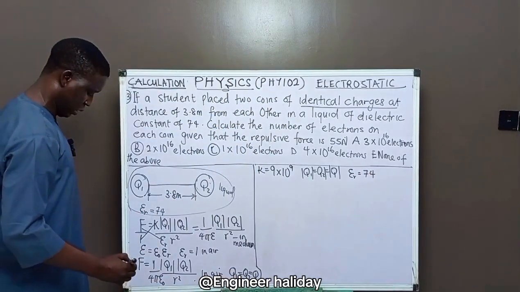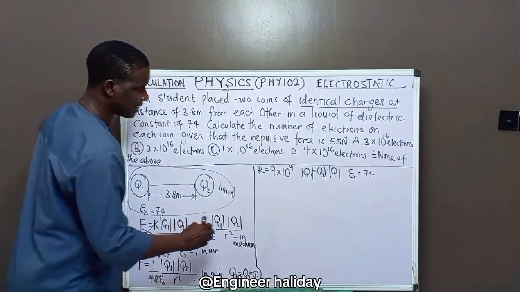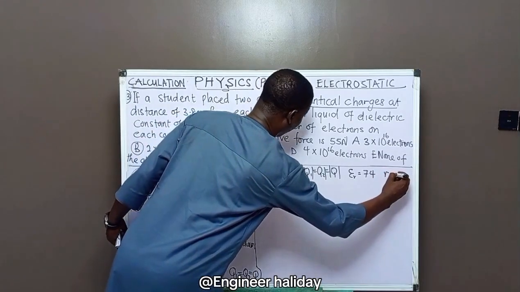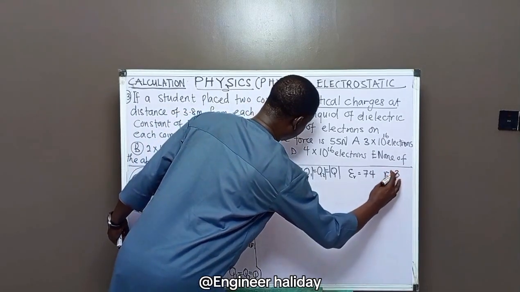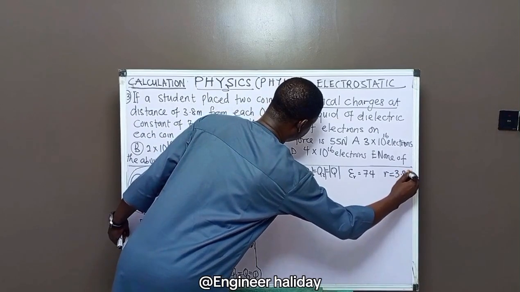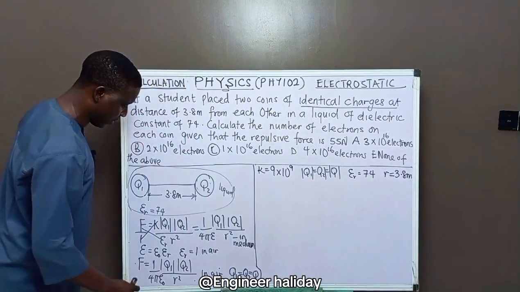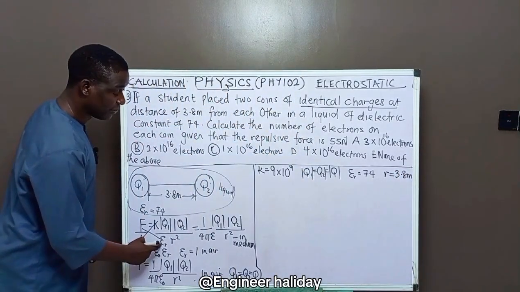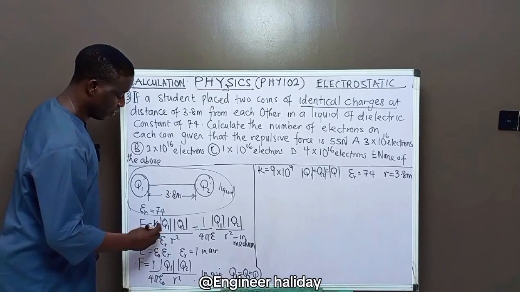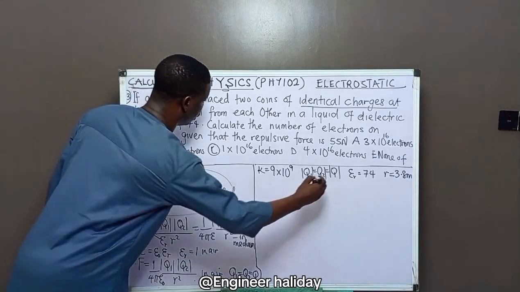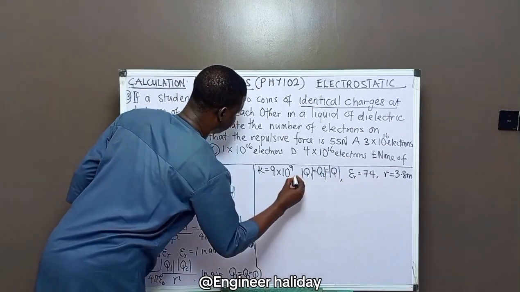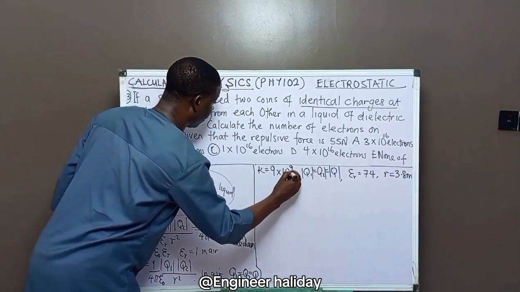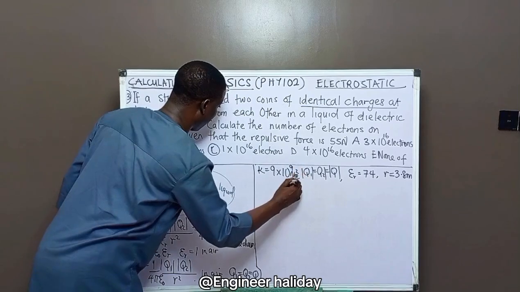Also we have our distance apart, R or D, as 3.8 meter. We know our K, we are looking for our charge, which is unknown. Don't forget the unit of K is Newton meter square per coulomb square.